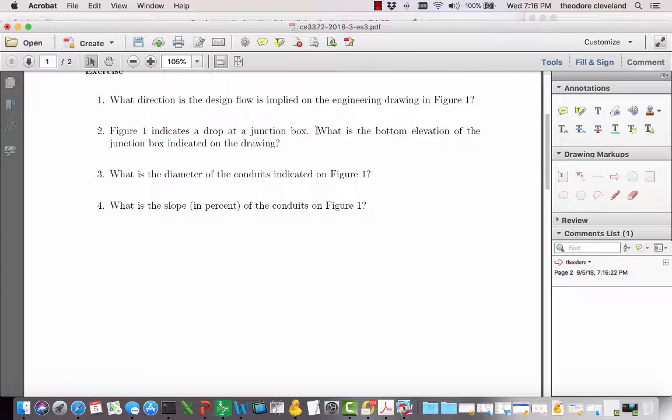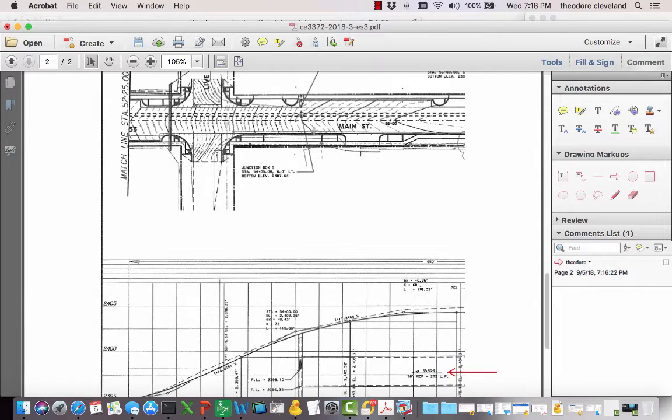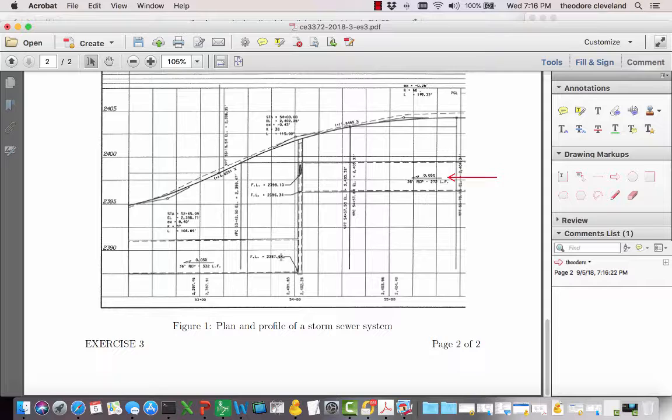Figure 1 indicates a drop at a junction box. What's the bottom elevation of the junction box? The junction box is this critter, and so the best guess of bottom elevation is going to be this value 2387.64, which is the flow line.